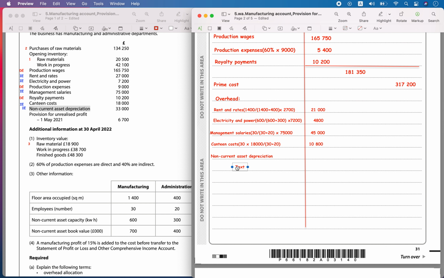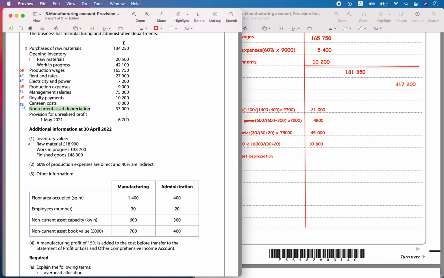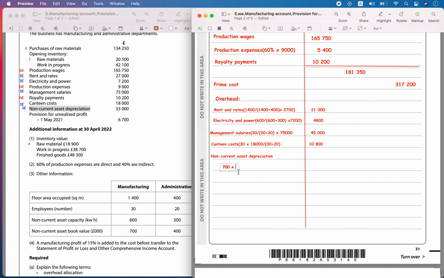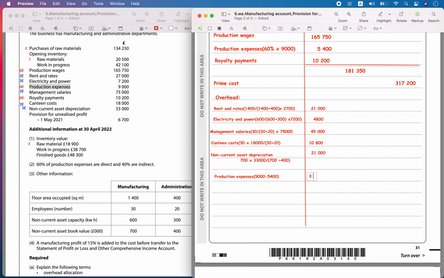So now let's share this non-current asset depreciation based on the book value. 700 by 700 times the total of 33,000, divided by 700 plus 400. Total is 71,000. Now 3,600.